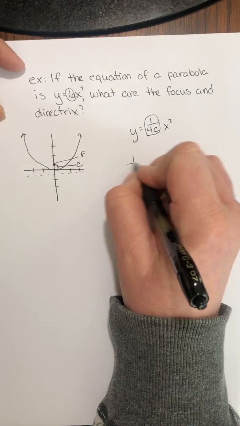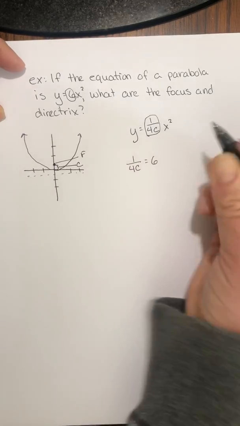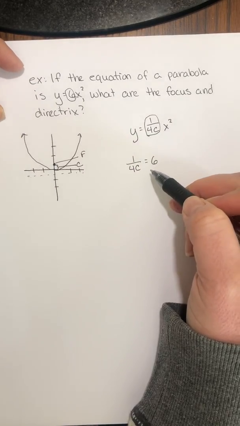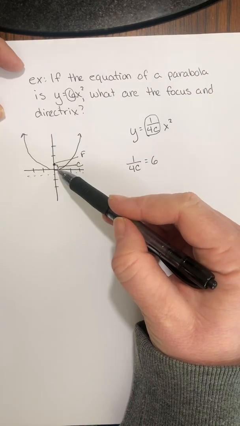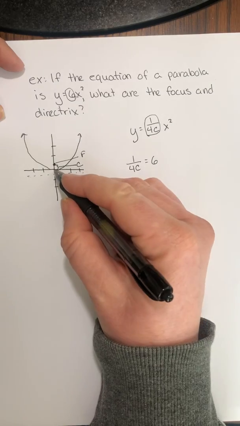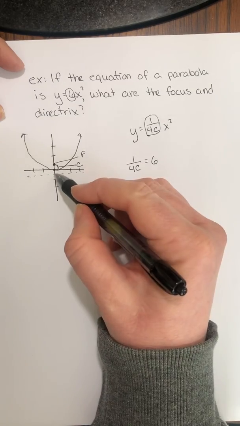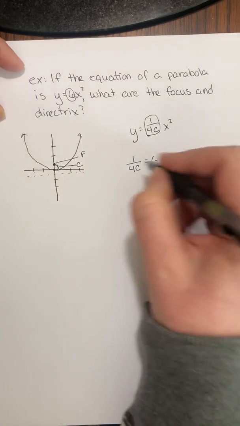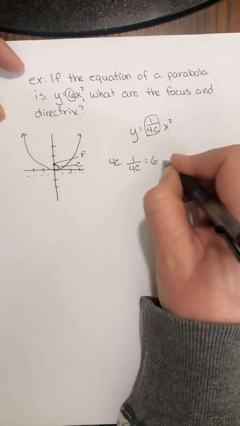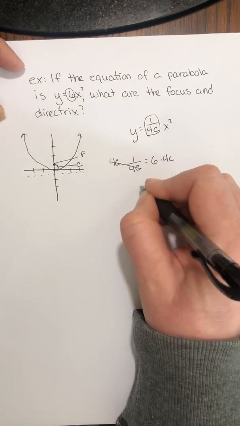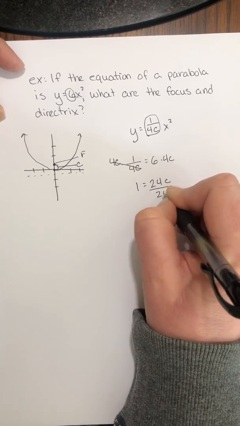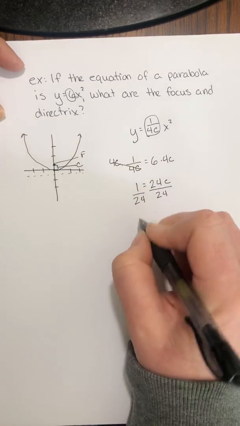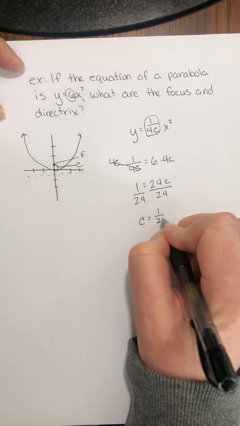So if I write 1 over 4c equals 6, then I can solve this equation for c, and that's going to tell me how far the focus is from the vertex and how far the directrix is from the vertex. So to solve this equation, I'll multiply both sides by 4c. So 1 equals 24c, divide by 24. So c equals 1 over 24.